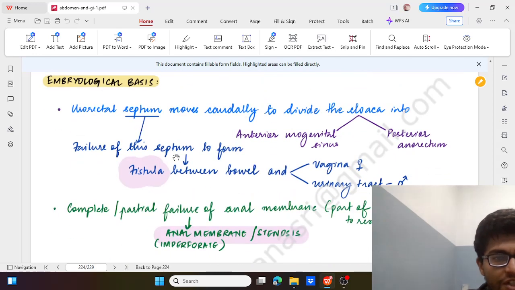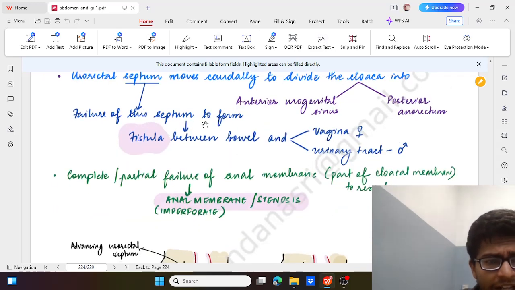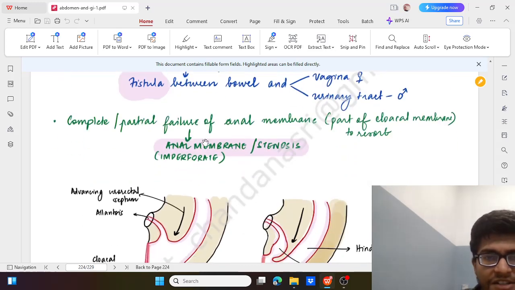Now coming to the embryological basis, the urorectal septum moves caudally to divide the cloaca into the anterior urogenital sinus and the posterior anorectum. Failure of this septum to form results in a fistula between the bowel and the vagina or the urinary tract. Complete or partial failure of the anal membrane, which is part of the cloacal membrane, to absorb causes anal membrane stenosis or imperforate anus.